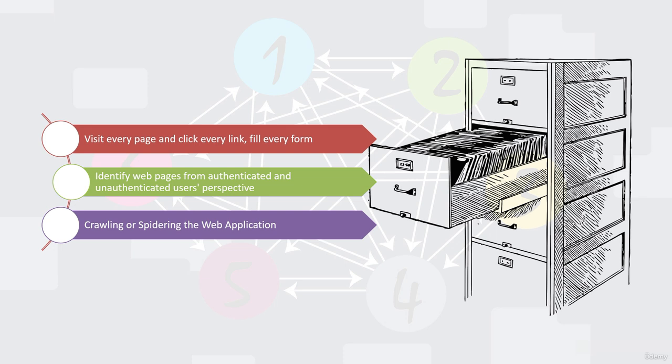Then, observe all the URLs. So you can manually walk through the application and identify web pages from authenticated and unauthenticated users' perspective. So this whole process is called crawling or spidering the application.